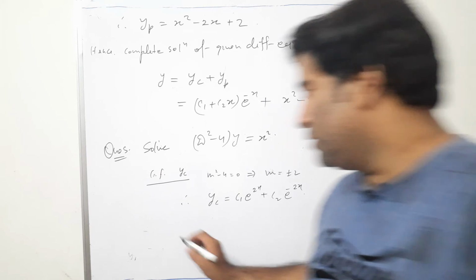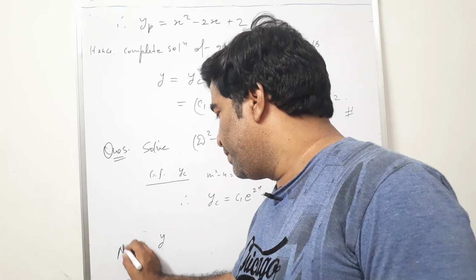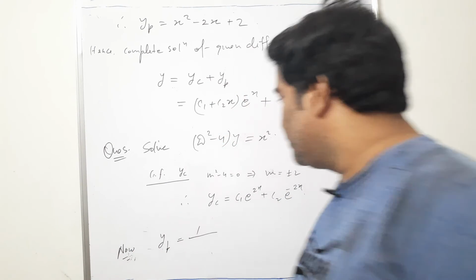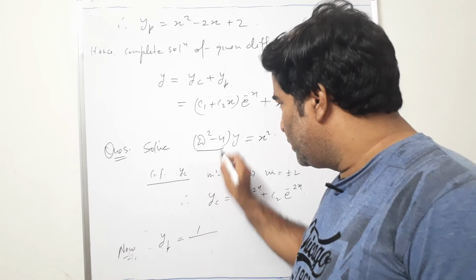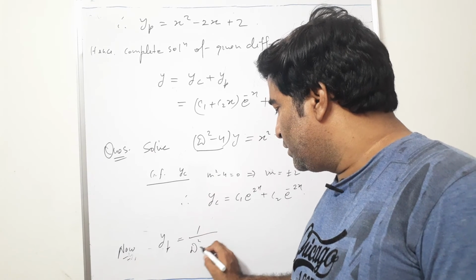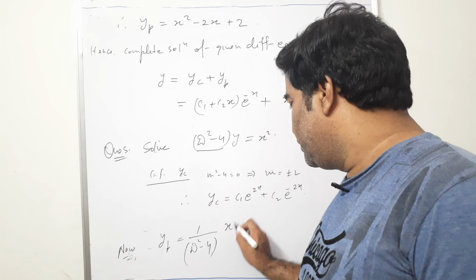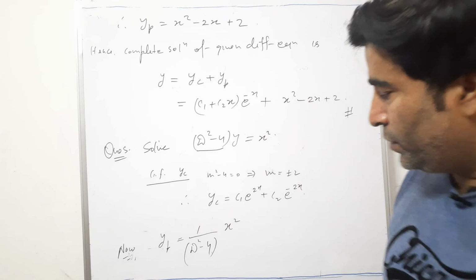Now we find yp. yp is equal to 1 upon the operator, here D² − 4, into x².